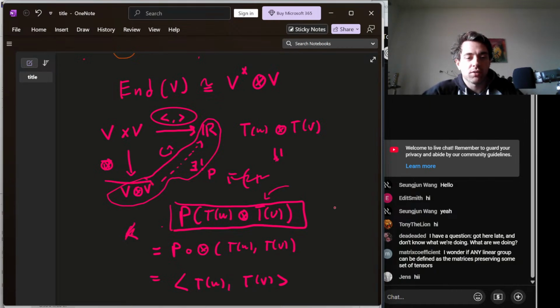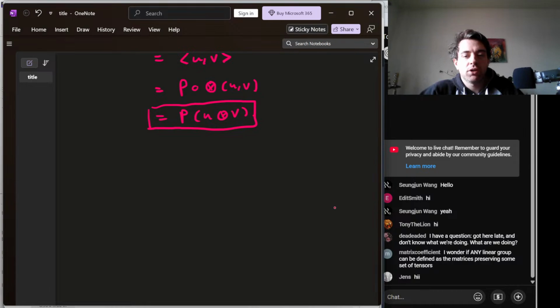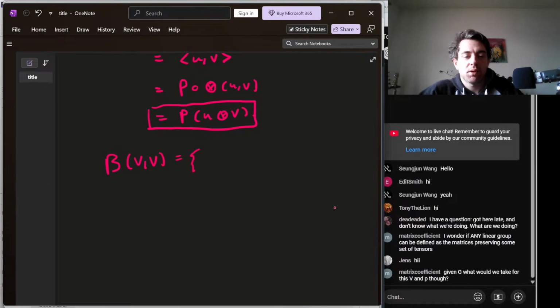So I like to think about it this way, in this universal property way, where you construct it as a quotient of this vector space here, but there is a way in which you can just define, say, B(V,V), maybe even just call it B(V), to be the set of all bilinear maps from V cross V to R. And so now maybe if you write in this sense, you could view T as somehow literally preserving something there.